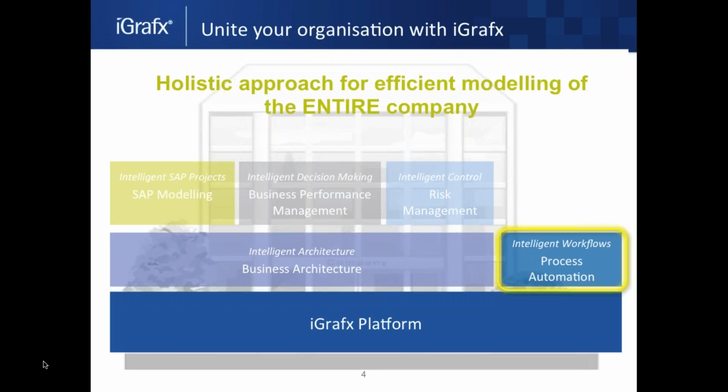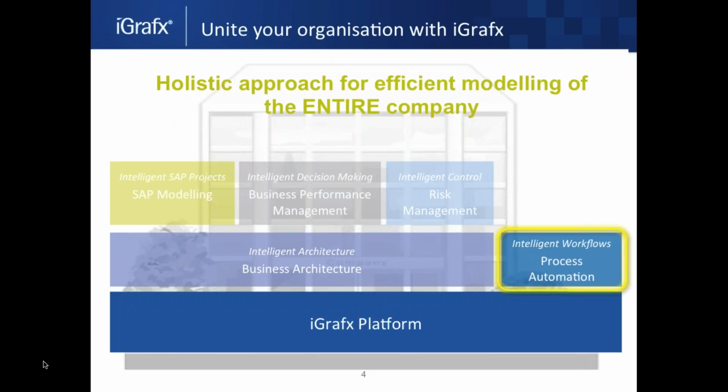We have intelligent decision making, which is our KPI and business performance management component, which features dashboards and lots of different types of charts to gain the most insights out of the data that you have in the organization.